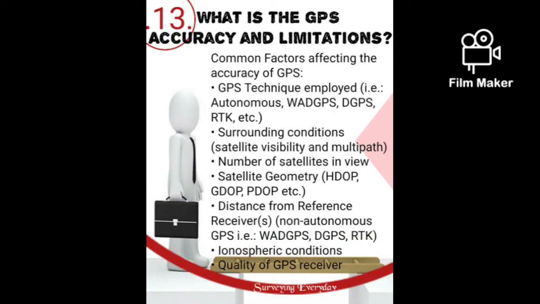13. What is the GPS accuracy and limitations? Common factors affecting the accuracy of GPS: GPS technique employed, for example, autonomous, WAD GPS, DGPS, RTK. Surrounding conditions, satellite visibility and multipath.